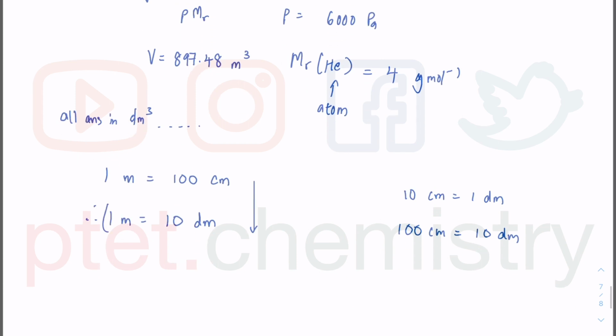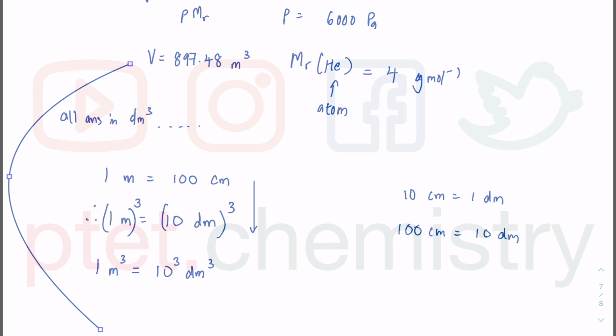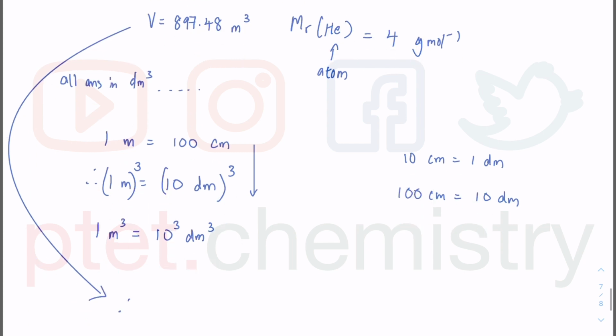We want meter cube, so whatever we do on the left, we have to do on the right. 1 cube is meter cube, 10 cube is going to be 1000, that's going to give me dm cube. So how do I convert meter cube to dm cube? I just multiply by 10 to the 3. So the volume is 897.48 times 10 to the 3 dm cube.